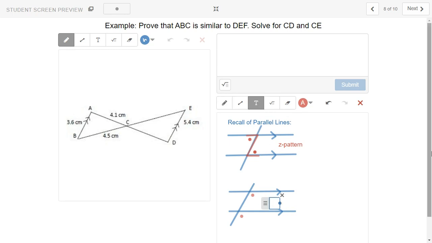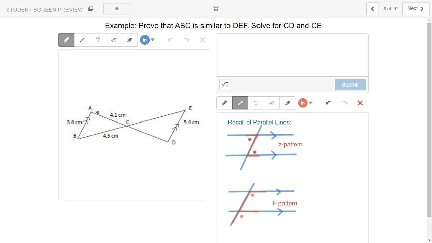And this is called the F pattern because it looks like the letter F. So just to give you a reminder, these are two parallel line patterns that we know, and that's going to help us solve for our angles.